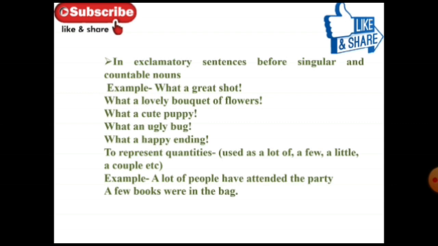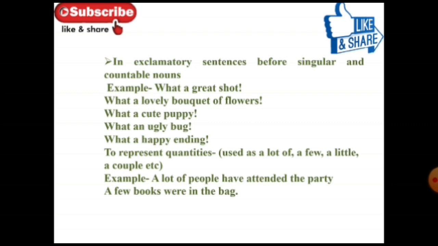Similarly, what an ugly bug! Ugly starts with a vowel sound, so we use an. It is a very hard and fast rule in English that we cannot use two vowel sounds in consecutive words in a sentence.